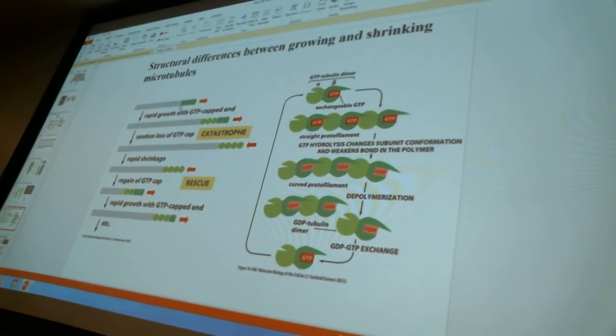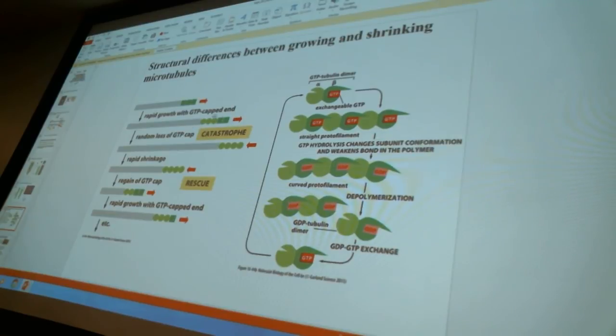As the rapid growth of microtubules continues, usually at the very end, at the so-called plus end, we will find GTP-associated tubulins. But at some point, hydrolysis catches up, and there's a so-called catastrophe event, and it's a very rapid collapse of the growing microtubule.